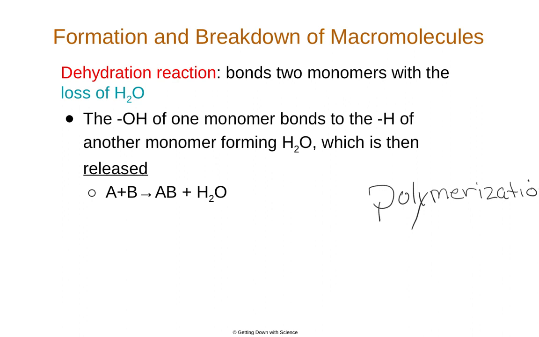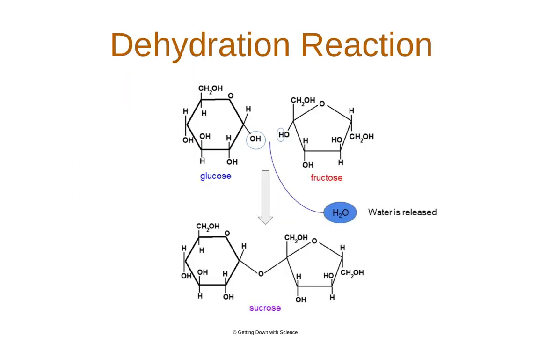In a basic chemical reaction format, we have A monomer and B monomer. When they come together in a dehydration reaction, they form AB and water, which is released separately. Here we have an illustration of how a dehydration reaction works. I have two monomers, glucose and fructose, and I'm going to release water by taking the hydroxyl group of one and a hydrogen off of another.